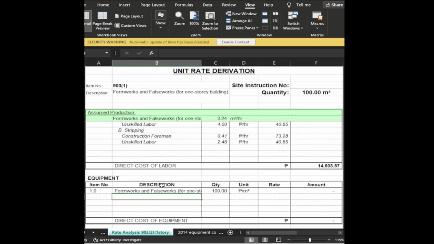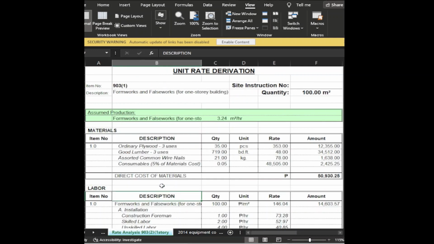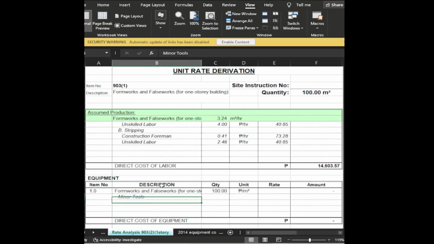Then minor tools, we need only minor tools here, guys. We don't need tools that we are going to rent. So this one is 10% of labor cost.